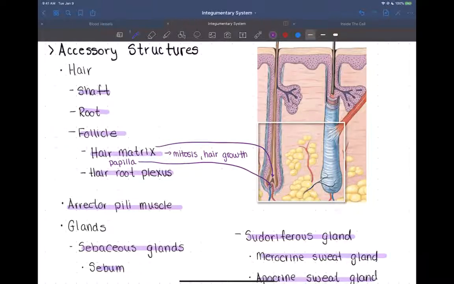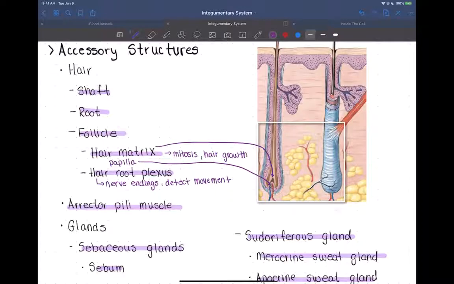And then also associated with the hair, we have the hair root plexus, all right? And so this is going to be a series of nerve endings that function to sense movement of the hair, right? So they detect movement. So if somebody lightly brushes against the hairs on your arm, you can feel that, right?